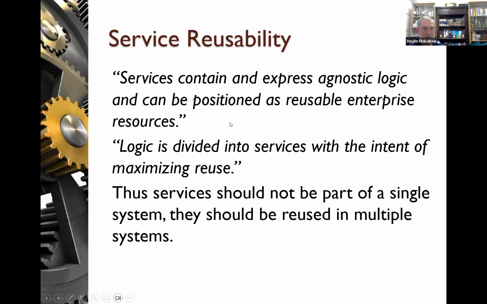Agnostic logic means that they do not depend on which application is using them. And the goal here is to create these components. Okay? So this principle of reusability enables evolution. And this enables systems to be anti-fragile.